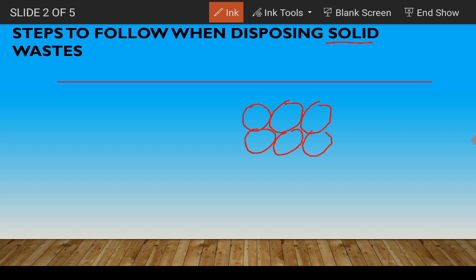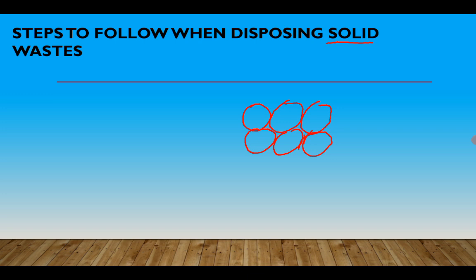So there are some wastes that are generated in the lab in solid form, meaning their particles are not free to flow as they do in water and gases. So solid wastes are just wastes in solid form, if we put it simply. Very, very important.